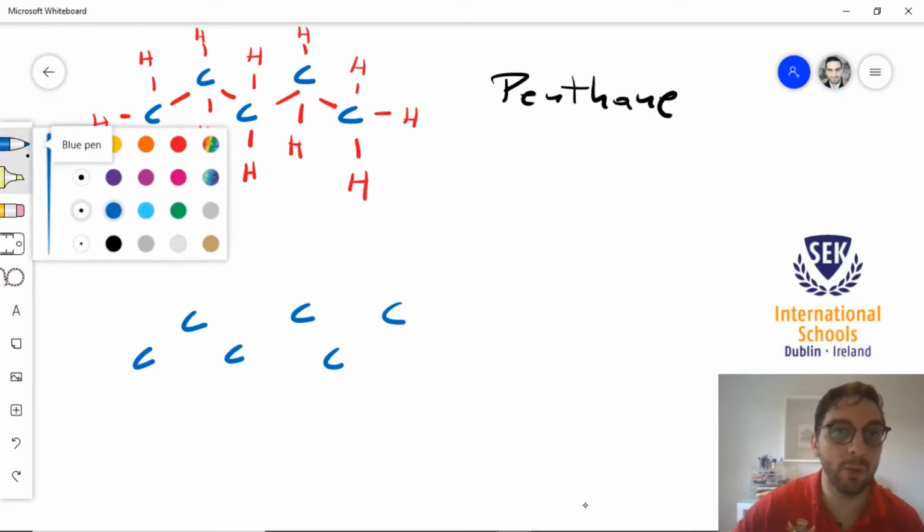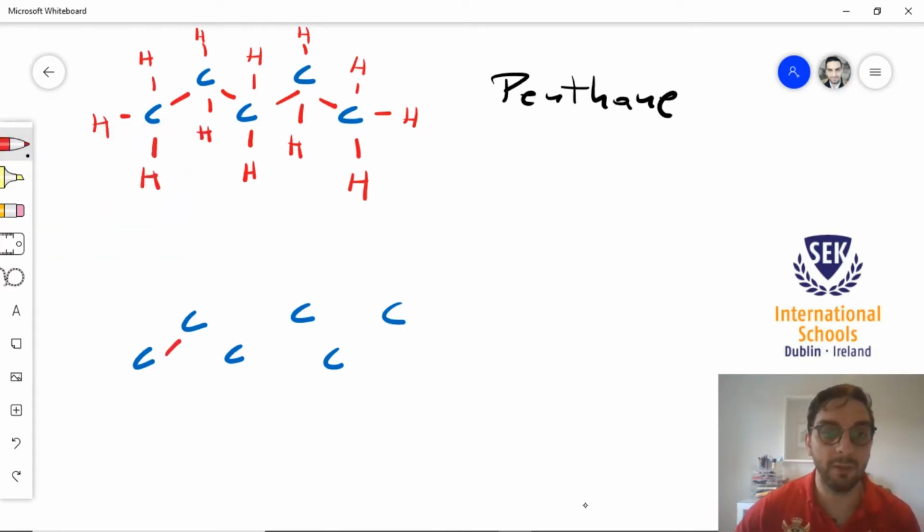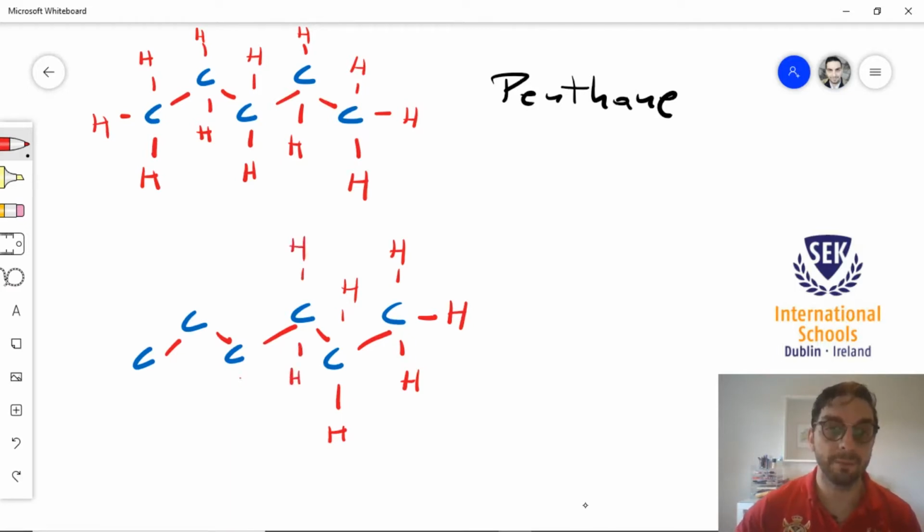Now we know how to bond them together. First of all, we single bond them together, then we give them the hydrogens to complete 4. You see this one has 4, this one has 4 as well. All of them complete their own 4. And then we name it. We said that it's going to be Latin after 4.